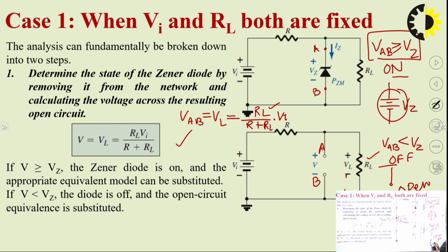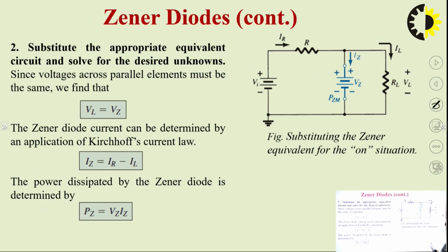So the Zener diode will be replaced by an open circuit. The next step is to substitute the appropriate equivalent circuit and solve for the desired unknowns.